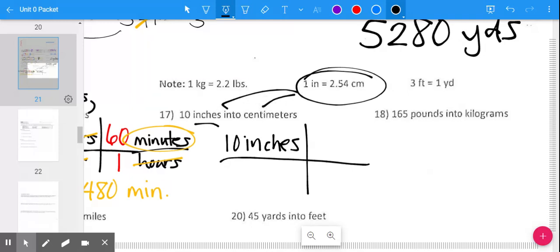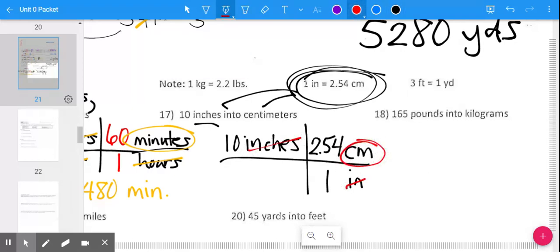Inches is at the top, which means inches has to go at the bottom, and centimeters goes at the top because that's what we're comparing in that next section. Just like it says in our hint, 1 inch is 2.54 centimeters. When we look at our units, inches up top, inches on bottom, we're left with centimeters.